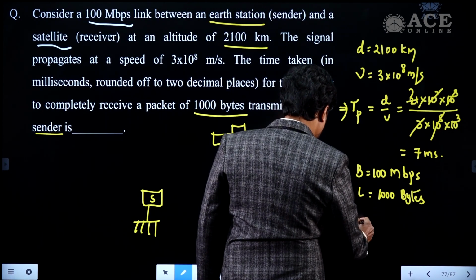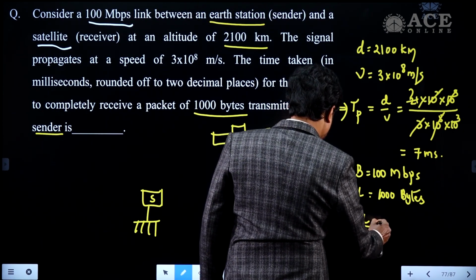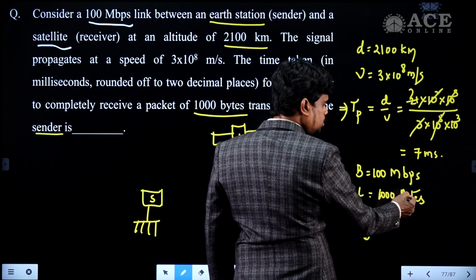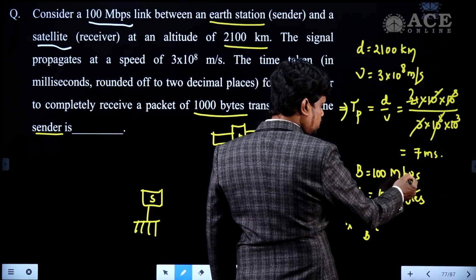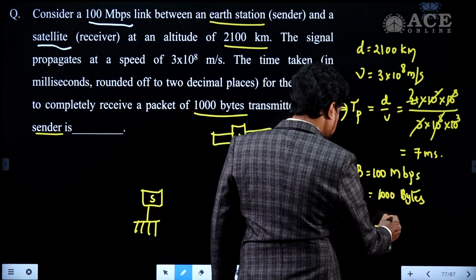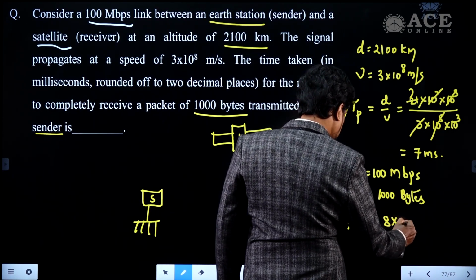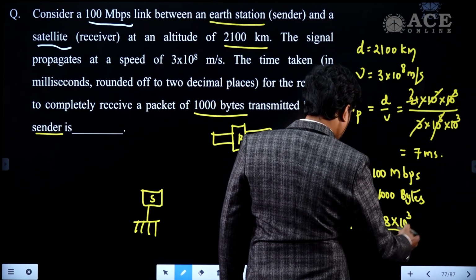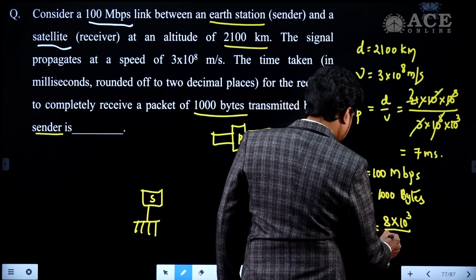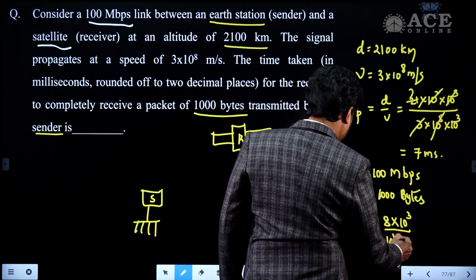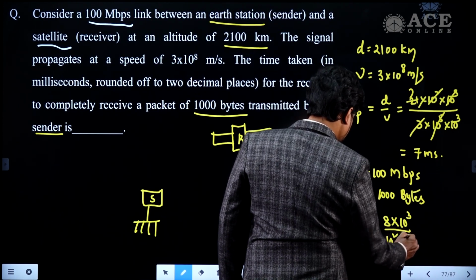So Tx is equal to L by B. What is L? 1000 bytes. This is in terms of bytes, but bandwidth is in terms of bits. Converting these bytes into bits, so 8 into 10 power 3 by bandwidth 100 Mbps, which is 10 square into 10 power 6.